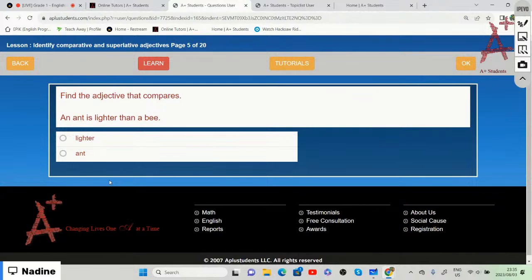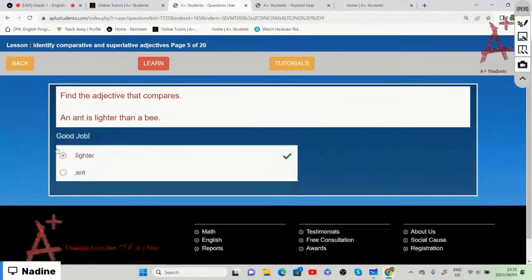So the ant is being compared to the bee, which means that we are going to choose lighter, because an ant is lighter than a bee, right? And we call this a comparative adjective because these two animals are being compared to one another. And we said with comparative adjectives, the word ends in er. So we will go with lighter.